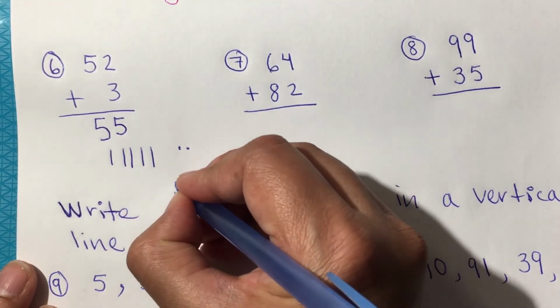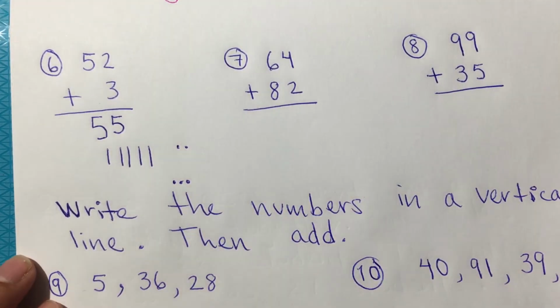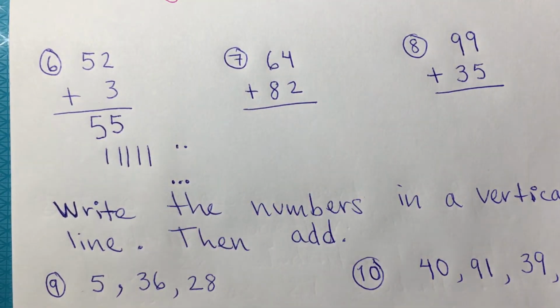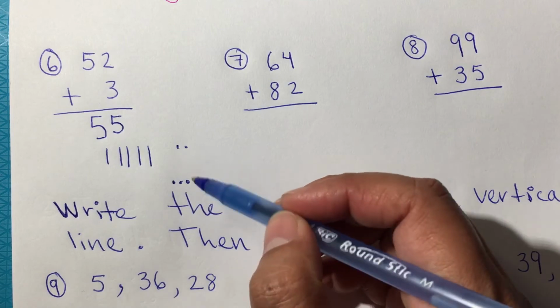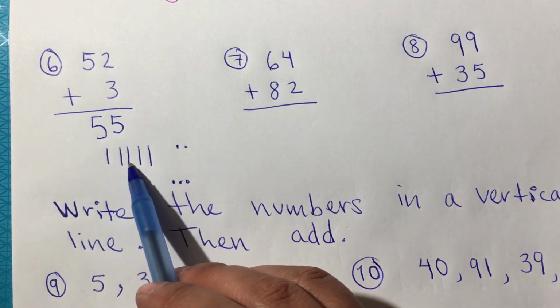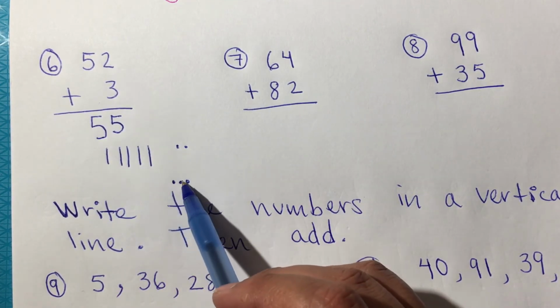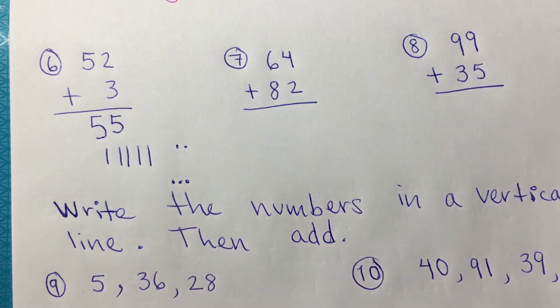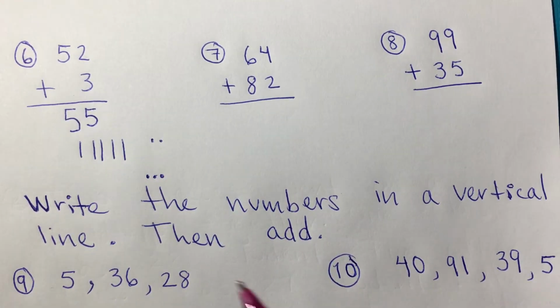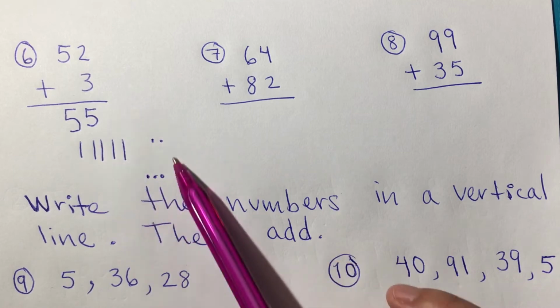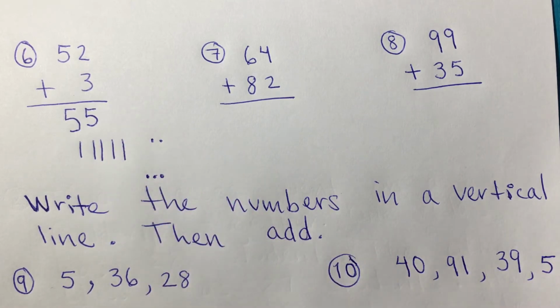And for the other number is 3 ones. All you're doing is putting them together. I don't regroup, so I just continue to have the 50. And 1, 2, 3, 4, 5, the 55.